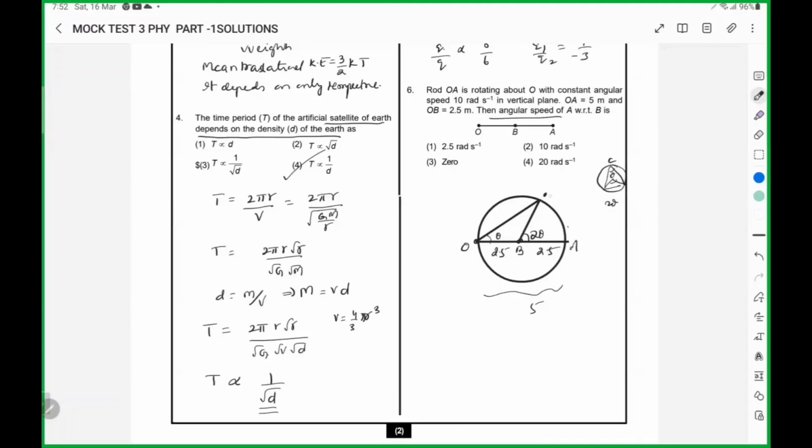So here angular velocity at B is 2 d theta by dt, that is 2 times the angular velocity. Angular velocity about O is given as 10 radian per second. Angular velocity about B is 20 radians per second.